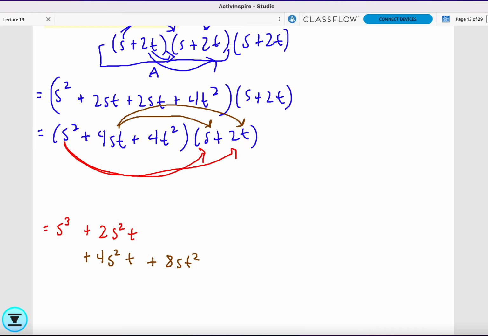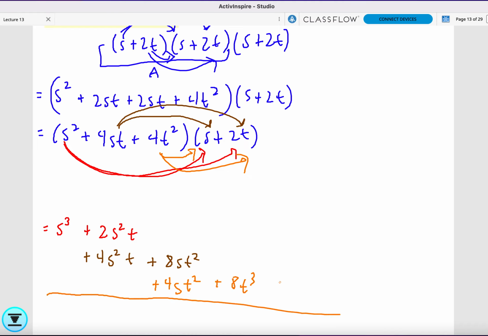Now the last one is the orange arrows. 4t squared times s, which is just going to be 4st squared, and then 4t squared times 2t, which is just going to be plus 8t cubed.